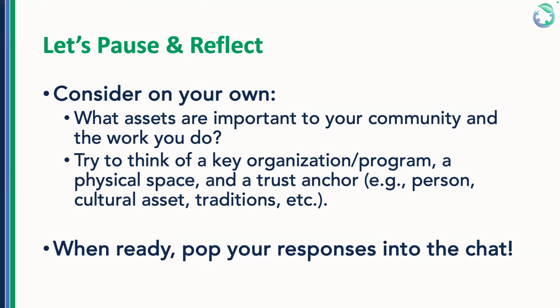Try to think of a key organization or a program, at least one, a physical space that's important, and a trust anchor, like a person or even a cultural asset or traditions of your community or the people that live there. Spend a moment thinking about those things and jotting them down. And then when you're ready, I want you to pop your responses into the chat.